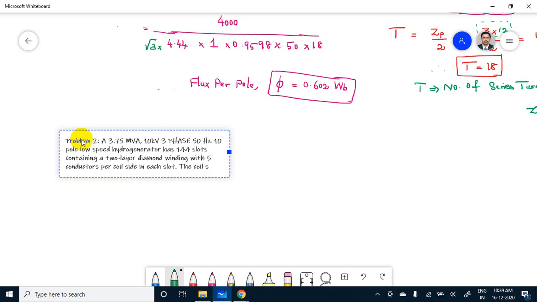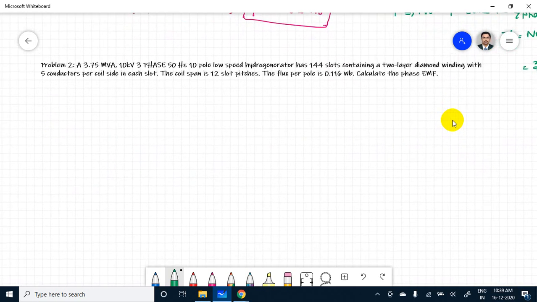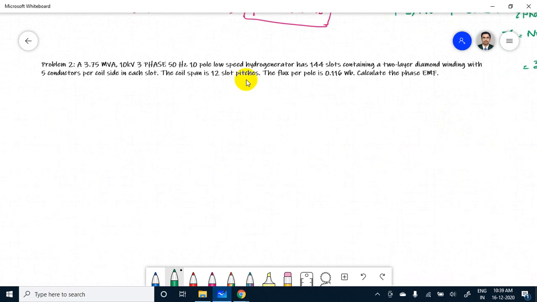The coil span is 12 slot pitches. The flux per pole is 0.116 Weber. Calculate the phase EMF. Solution.